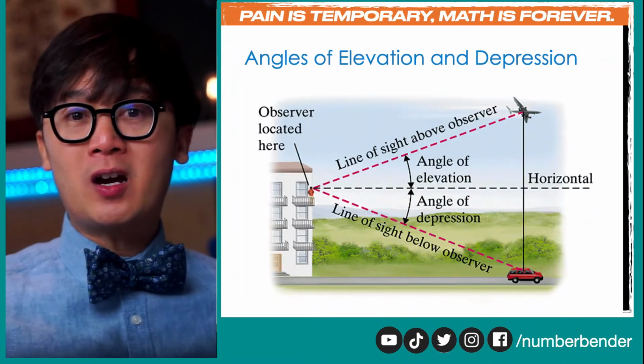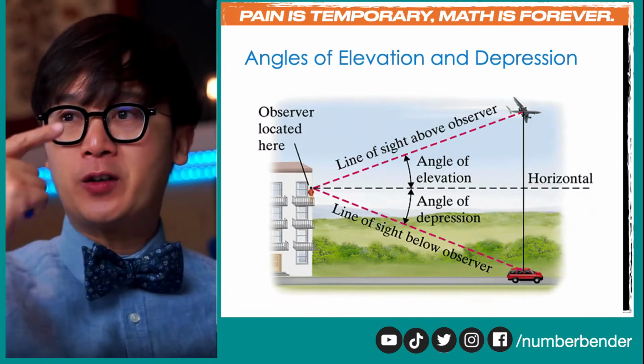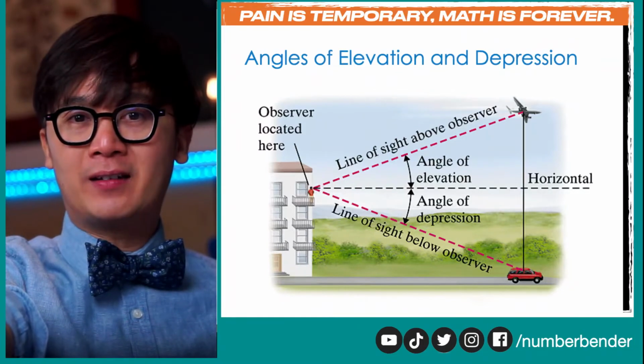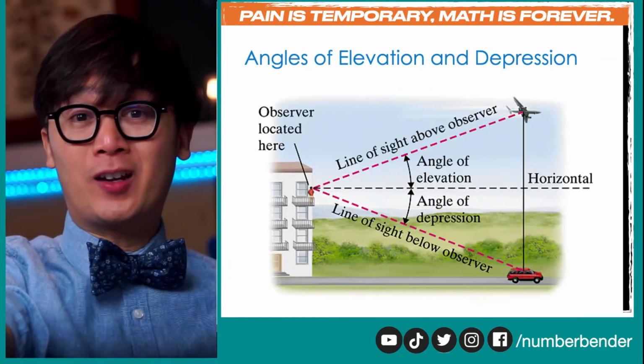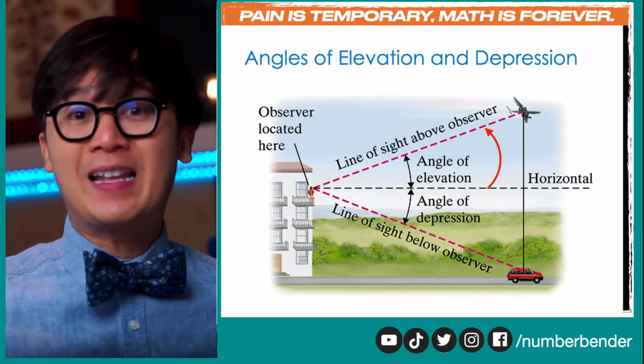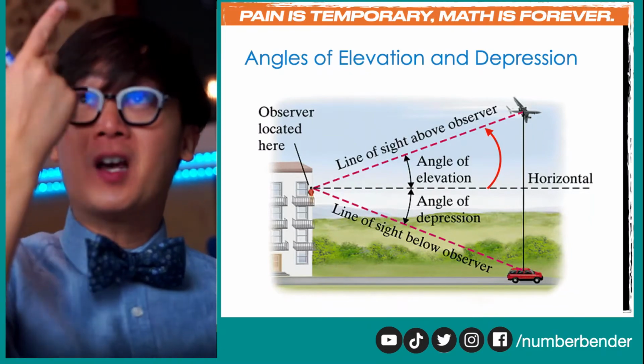When we are talking about angle of elevation, it is the angle formed when you look straight to the horizon, and then, if you want to find the plane that is flying above you, you look up. When you look up, that is the angle of elevation. So keyword: elevator, going up.